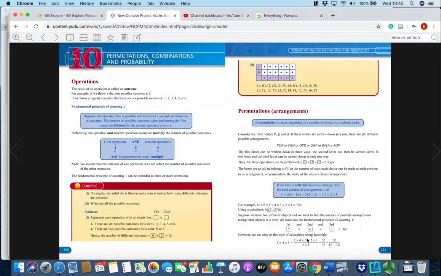In this case, my 5 objects was 5 by 4 by 3 by 2 by 1, so that's my n factorial, or 5 factorial in this case, divided by 5 minus 3 factorial, which is 2 factorial, which is 2 by 1. So the 2 on the bottom cancels with the 2 on the top, the 1 on the bottom cancels with the 1 on the top, so you are left with just 5 by 4 by 3, which is what you had from the fundamental principle of counting. So you can do this in either way, it doesn't matter at all.